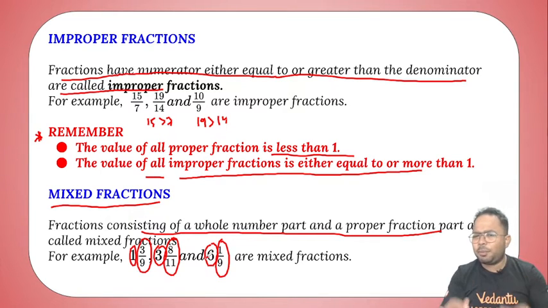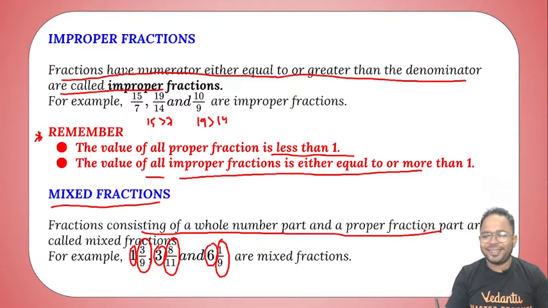So, on the chat box, please write one mixed fraction example. 2 1 by 5. Yes, it can be. 3 1 by 7.